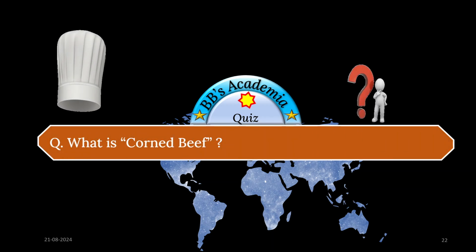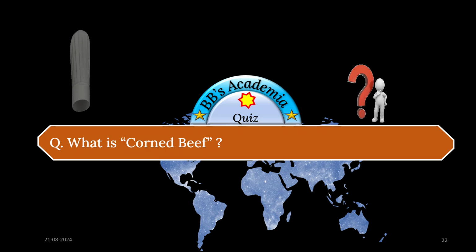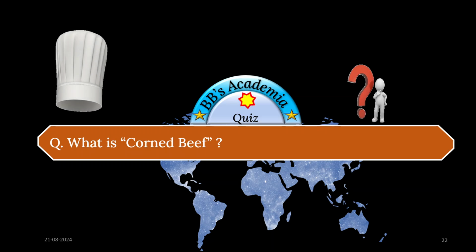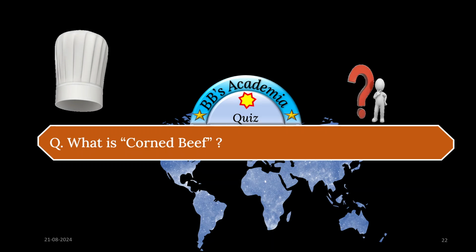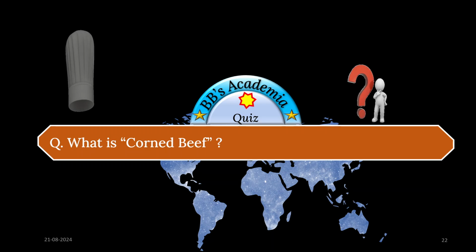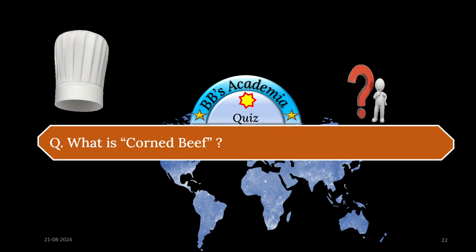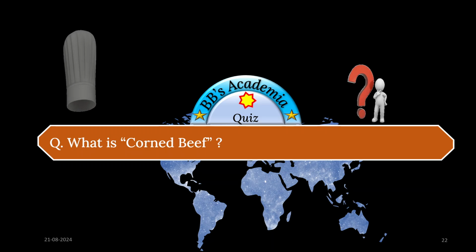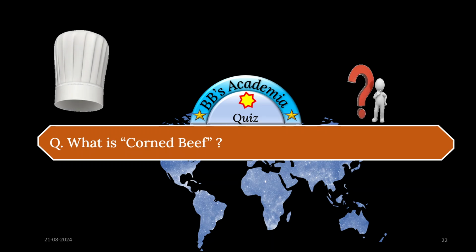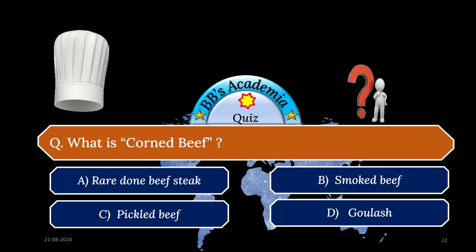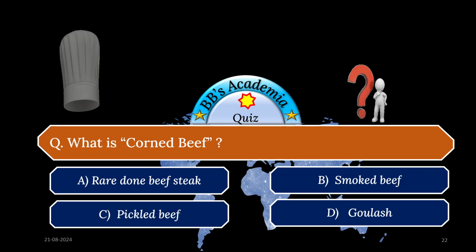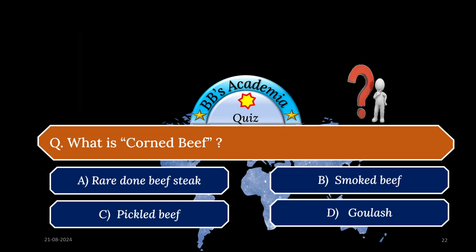Here is your question. What is corned beef? Have you heard this name? If not, bear with me. We'll come to know about this. For those who already know, and for all of you, the options are: option A, rare done beef steak.